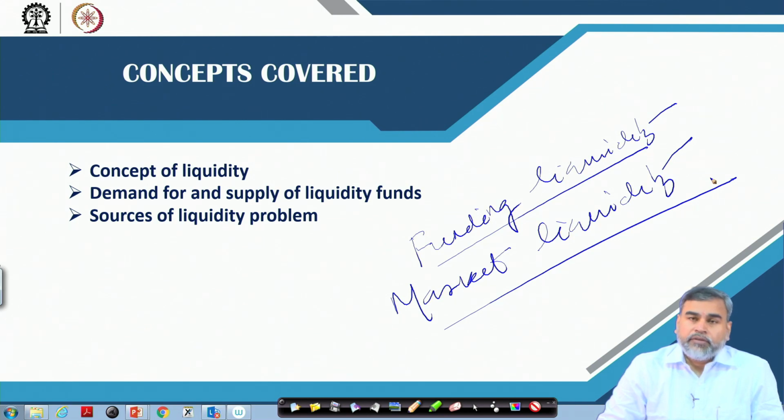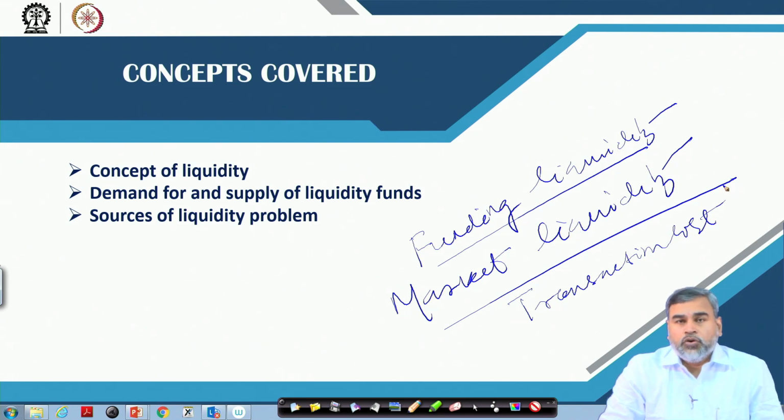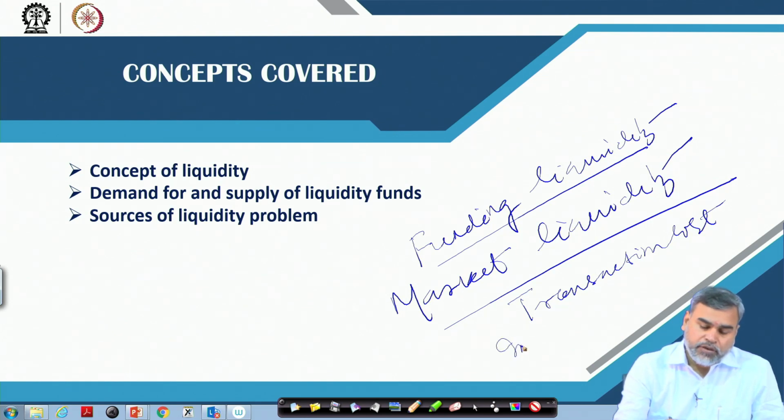Whenever you talk about market liquidity, we are mostly concentrated on the transaction cost. If the transaction cost is low, then the probability of trading, or the volume of trading, may be higher. Another thing is that it also depends upon information asymmetry.